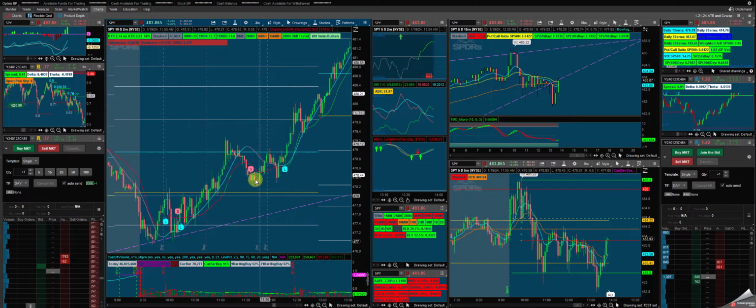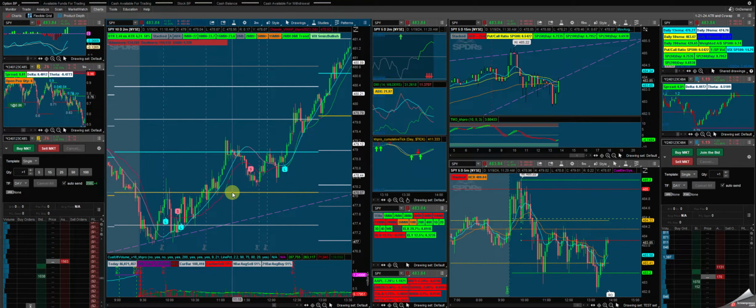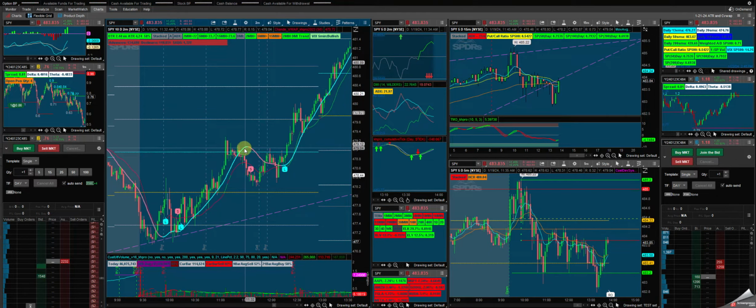But just consider these two lines for what they are. They're just two lines, for now, until you start learning it more and more. What the Hull moving average will do is, when it's bullish, it'll be blue. When it's bearish, it'll turn red.